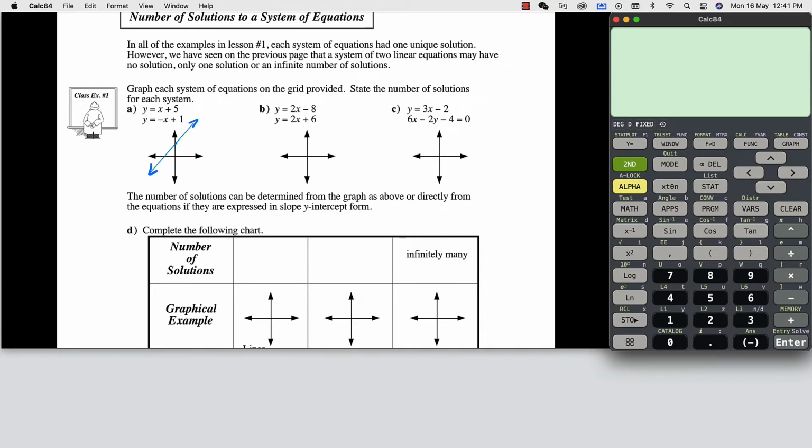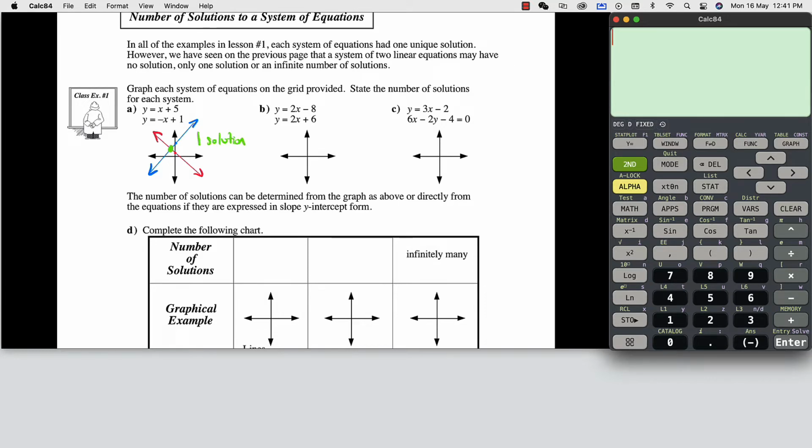And the other one has a negative x, so that would be a negative 1 over 1 slope, and it's going through point 1, so it's going through around right there, but it's basically going to go down like that. Okay, and what we end up with is one intersection point, and we have one solution.